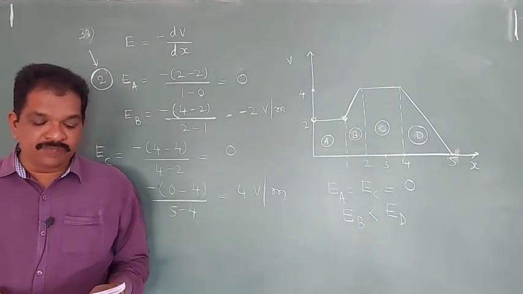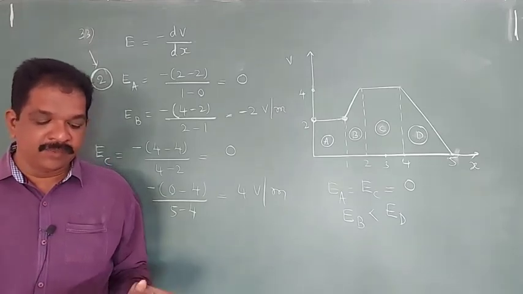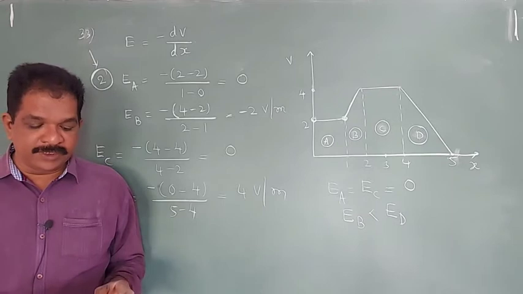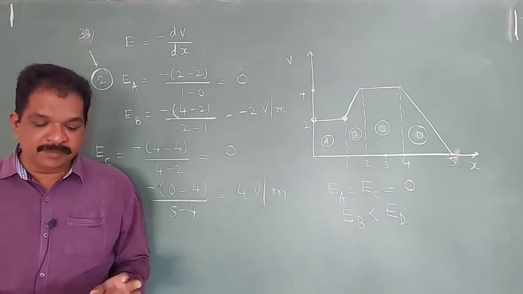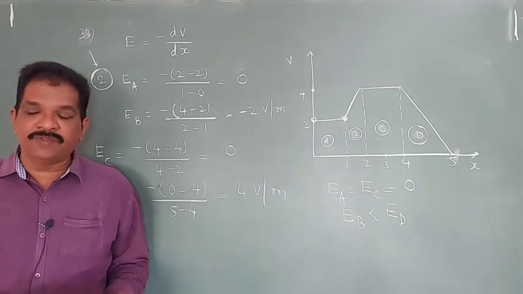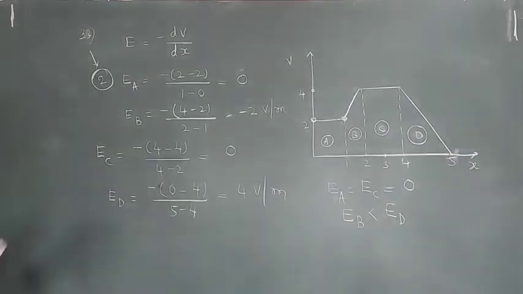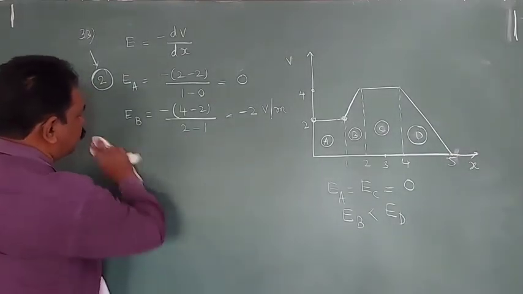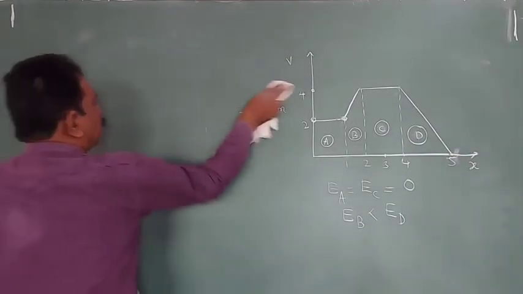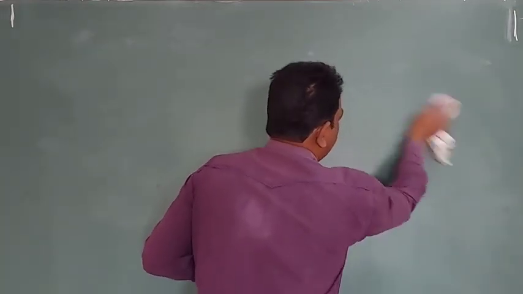A system of two charges separated by a certain distance apart stores electrical potential energy. If the distance between them is increased, potential energy of the system... Okay. So here, see, 34.